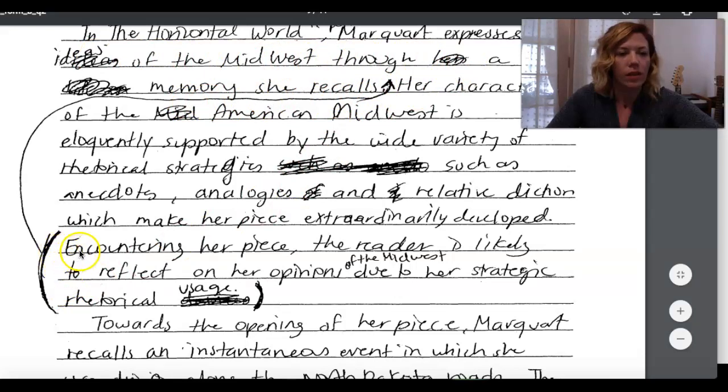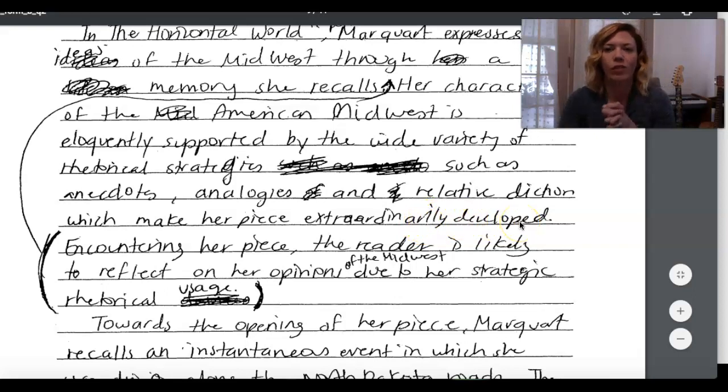Encountering her piece, the reader is likely to reflect on her opinion of the Midwest due to her strategic rhetorical usage. Her characterization of the American Midwest is eloquently supported by the wide variety of rhetorical strategies such as anecdotes, analogies, and relative diction, which makes her piece extraordinarily developed."